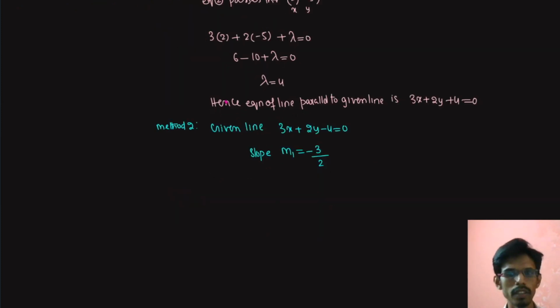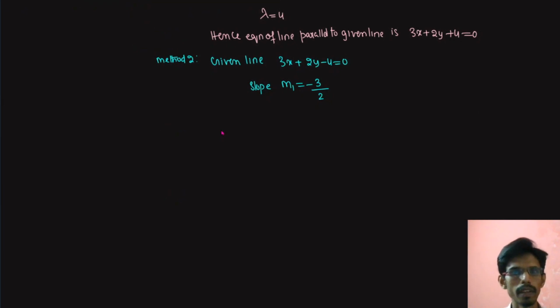So this is the slope of the given line, right? Now the slope of the required line, the slope of the parallel line, let us take it as m2. Since parallel means the slope will be the same, let us take it as m1, that will be 3 by 2 only.